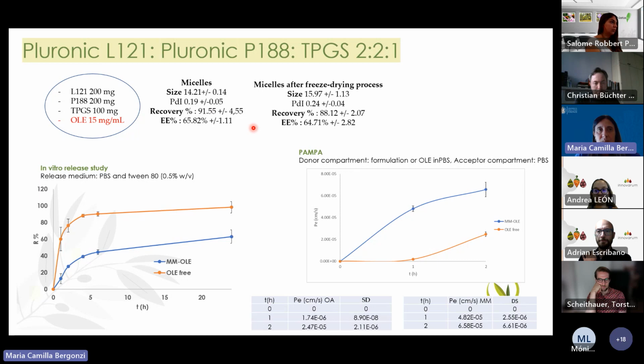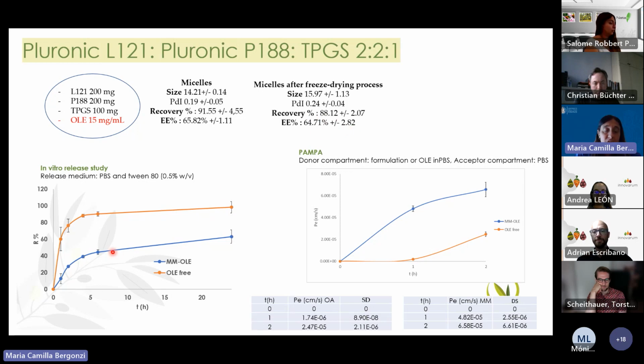We studied the system also after the freeze drying process, to obtain a solid product useful for market application, for example in capsules or in tablets. Also in this case, after freeze drying, the micelles maintain the same good characteristics, such as dimensions and encapsulation efficacy of the extract.